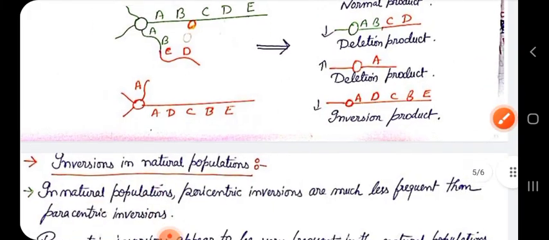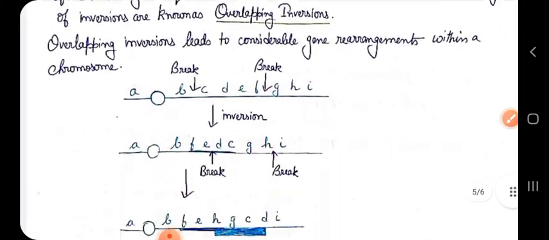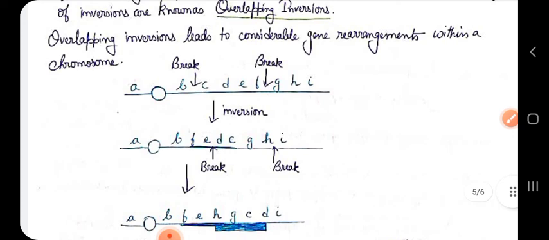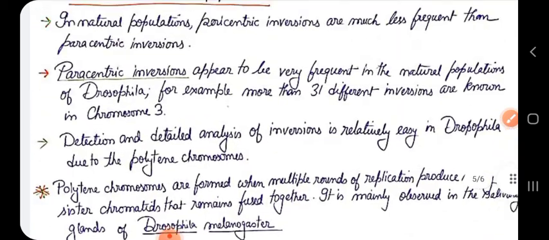We have also seen overlapping inversions. In overlapping inversion, we have seen how the inverted segment is involved again in a second round of inversion, leading to the formation of overlapping inversion.